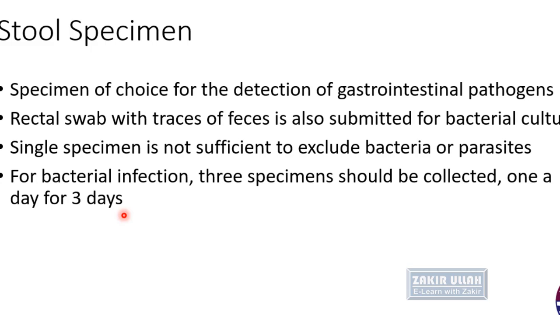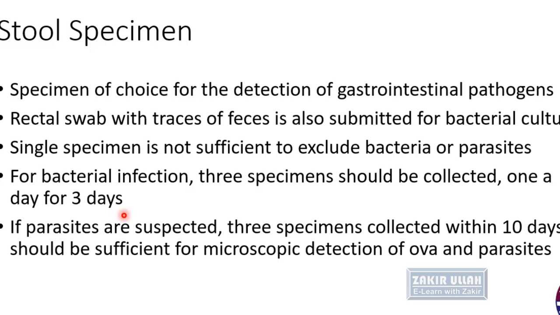We have to examine the stool sample for 3 consecutive days. If a parasite is suspected, 3 specimens collected within 10 days is sufficient for the microscopic detection of ova and parasites.